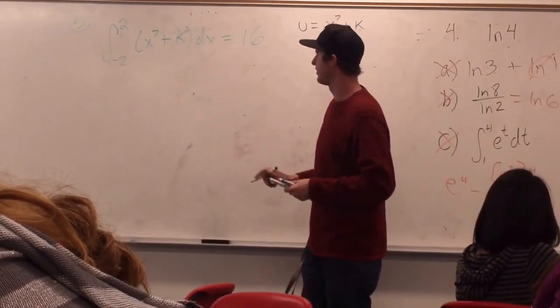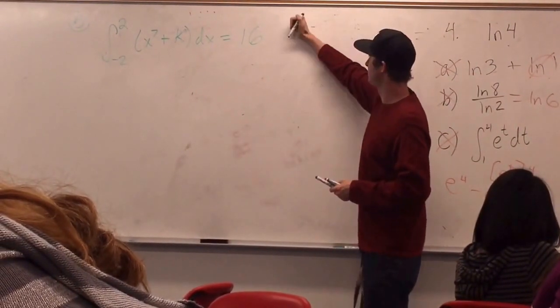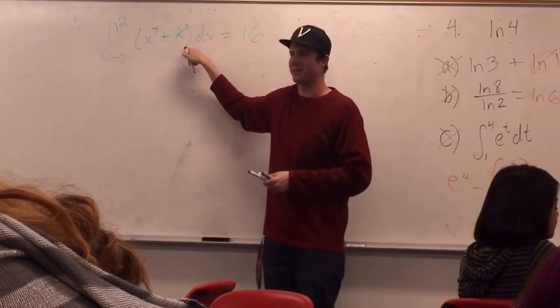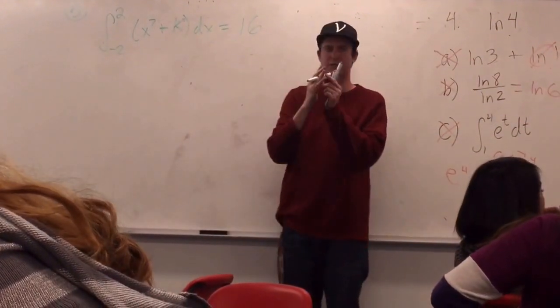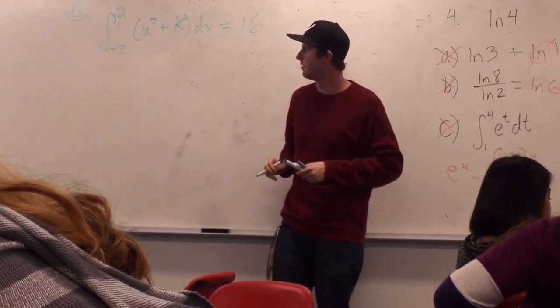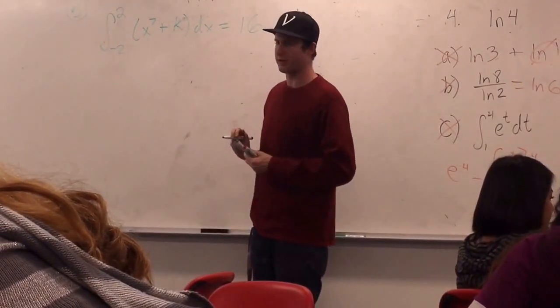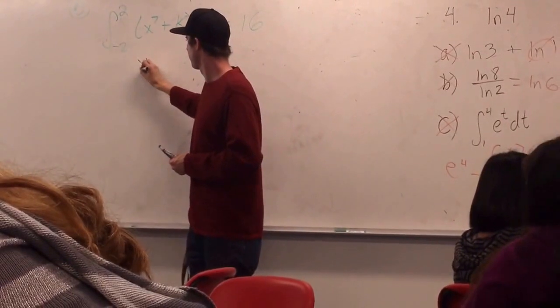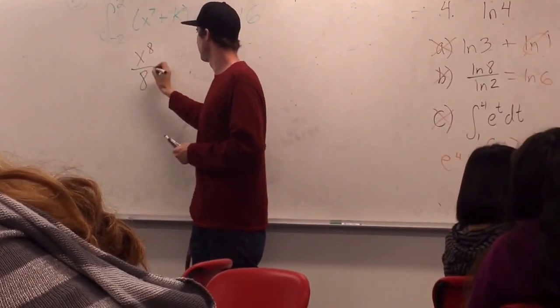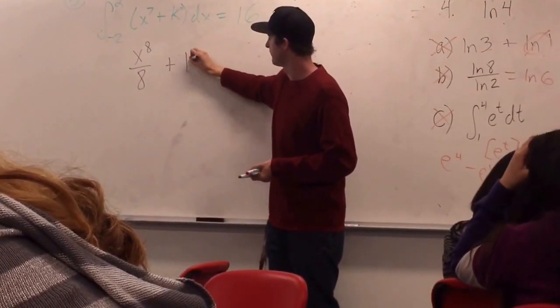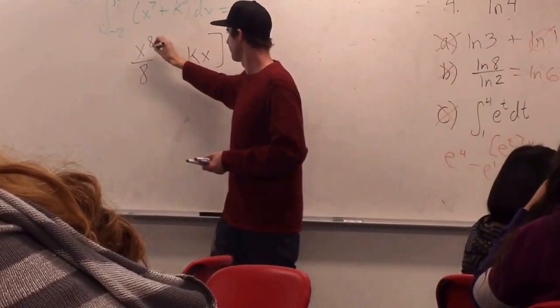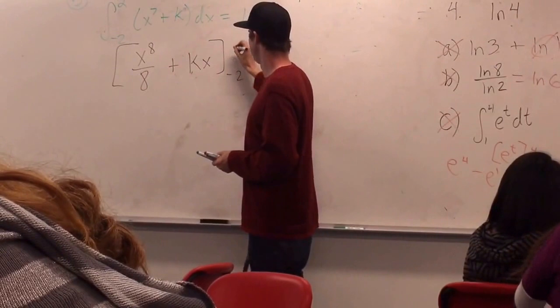Oh yeah, we just did the integral. There's no u substitution here because it doesn't need it. It's a plus. Remember when we have a plus, it's just a separator. Alright, so what's the integral of x to the 7th? So it's x to the 8th over 8 plus what's the integral of k? It's a constant, so just kx from -2 to 2.